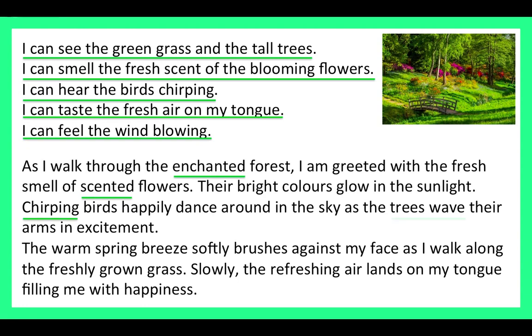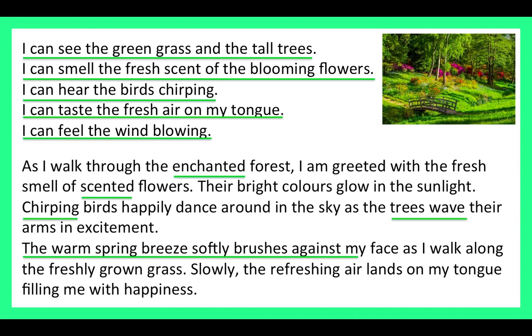By giving the trees human quality, such as trees wave, further emphasizes how vibrant and full of life the atmosphere is. This is an example of personification. Personification is used again by giving human quality to the breeze as it brushes against my face.